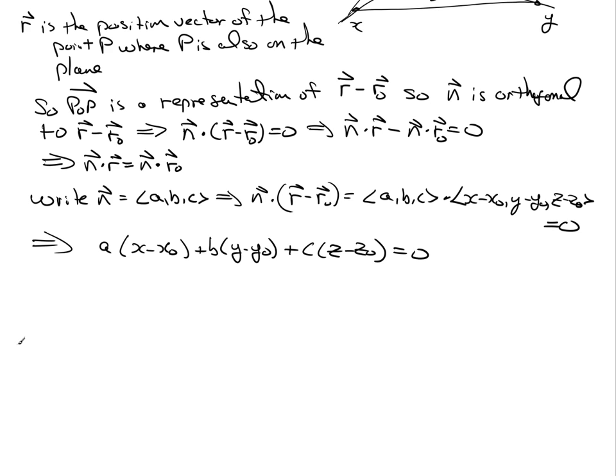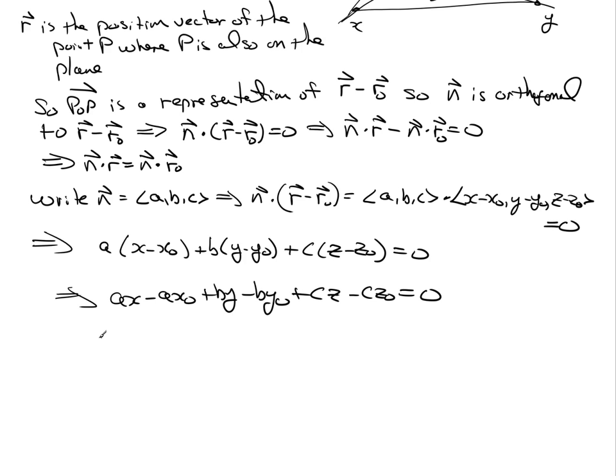So I'm going to go ahead and distribute this, and what I end up getting is ax minus ax naught plus by minus by naught plus cz minus cz naught is equal to 0.